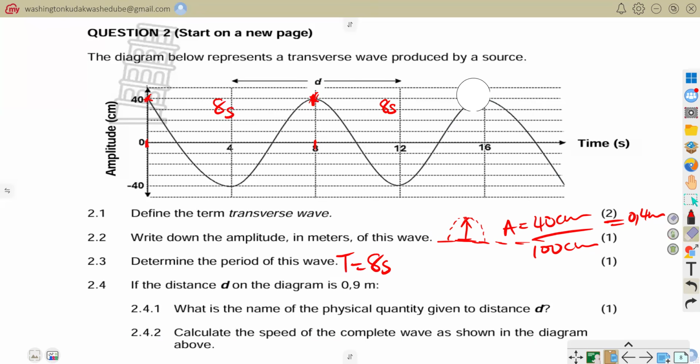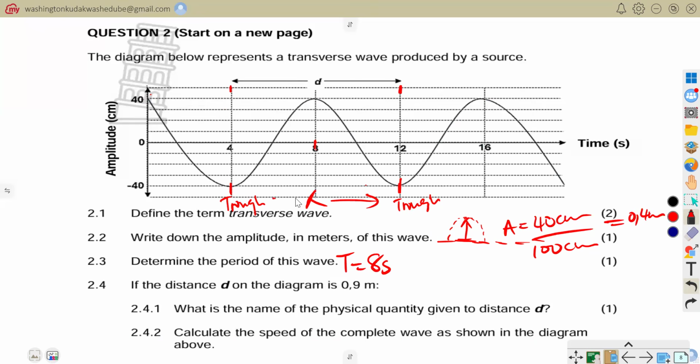Now let's look at the distance d. I would say that the distance d is from here to there. This represents the distance from one trough to the next trough. And that gives us our wavelength.